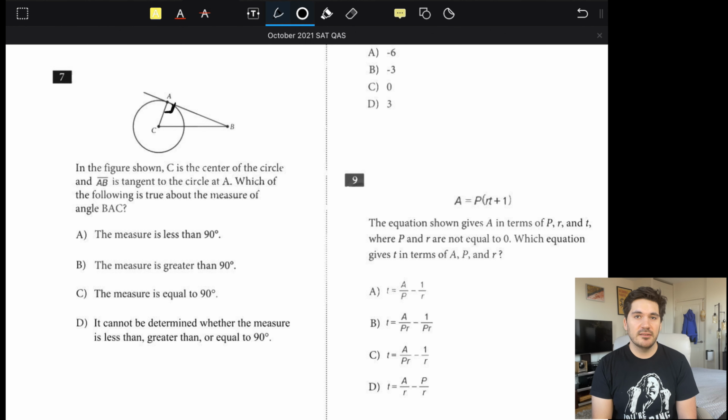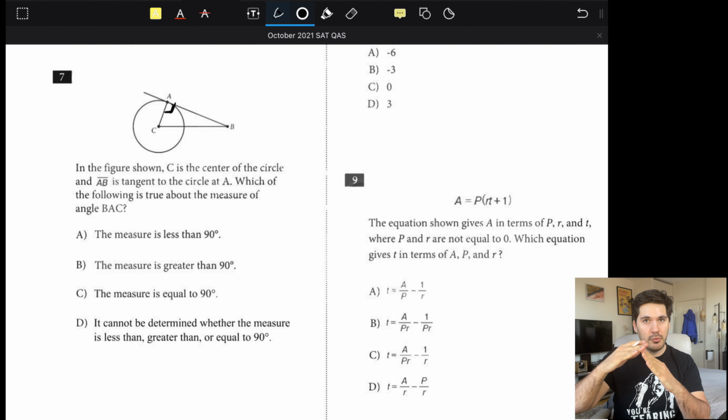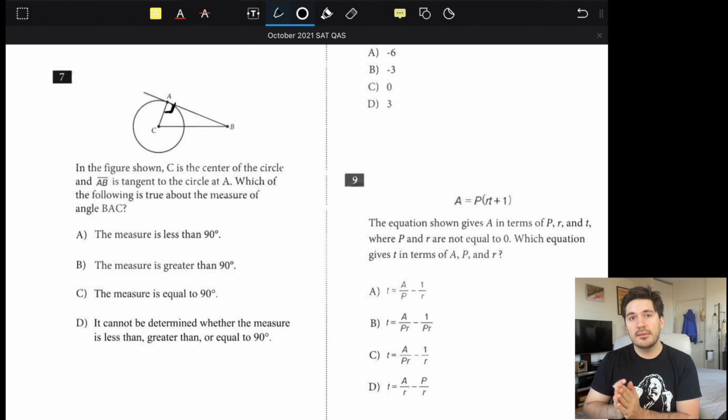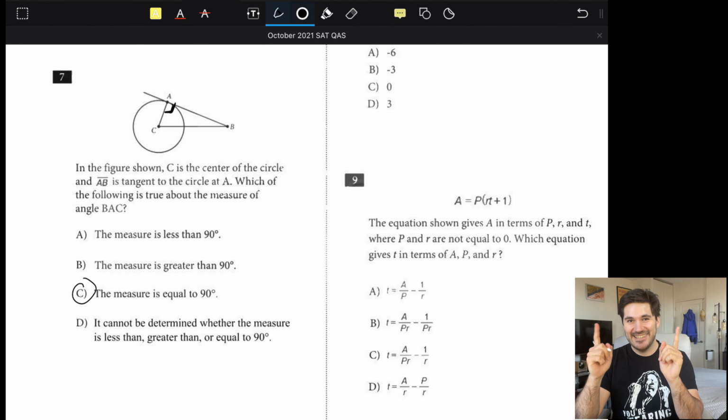And the reason it's a 90-degree angle is because whenever you have a line that is tangent to a circle, meaning it hits at exactly one point, the rule is that it forms a 90-degree angle. So we know for a fact that that angle is going to be 90 degrees, which is B. Cool. Wait, nope. 90 degrees is C. C. Cool.